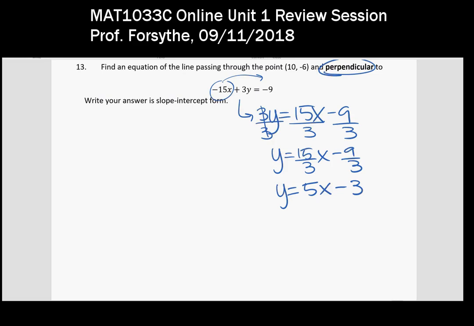So now, this is the slope. So 5 is the slope of the given equation. But the slope that we need needs to be perpendicular. So the given slope is 5. But we need the perpendicular slope.